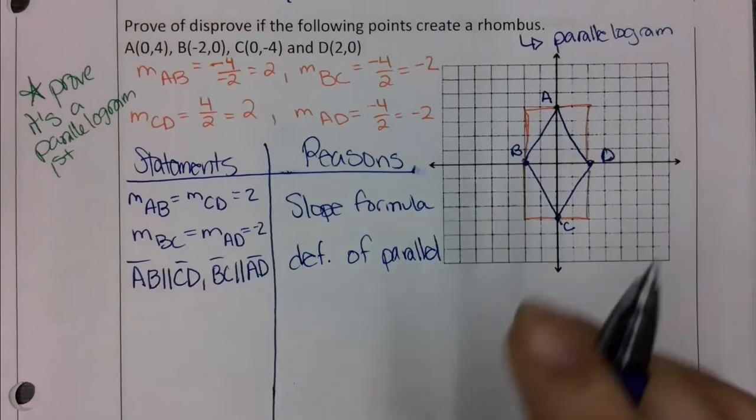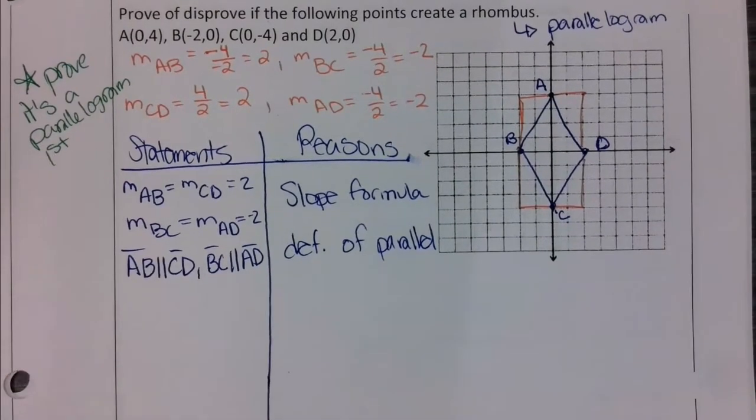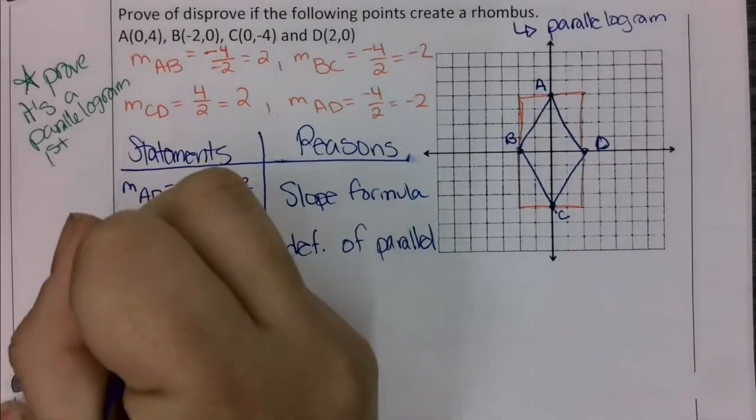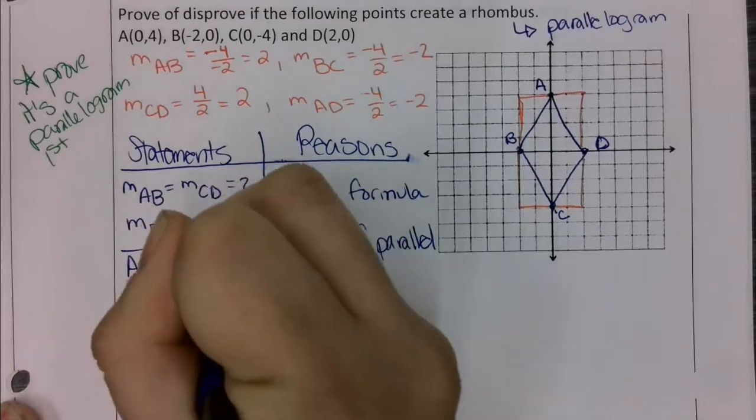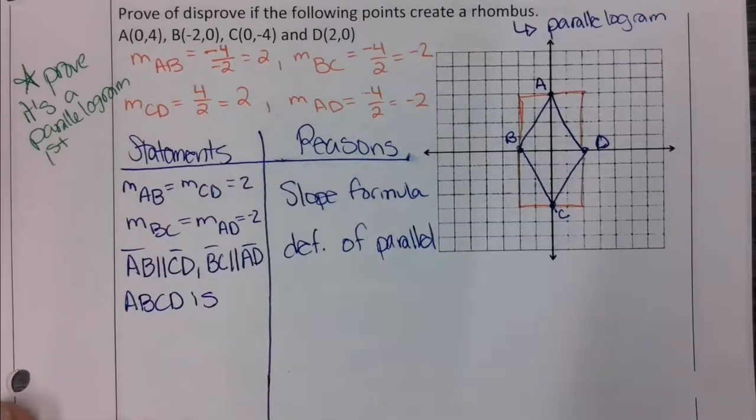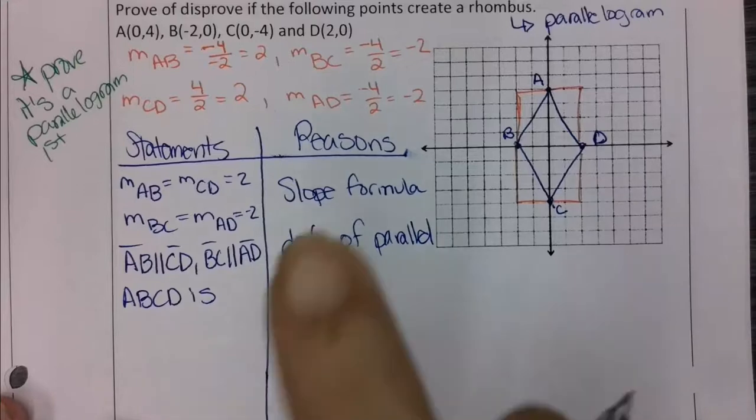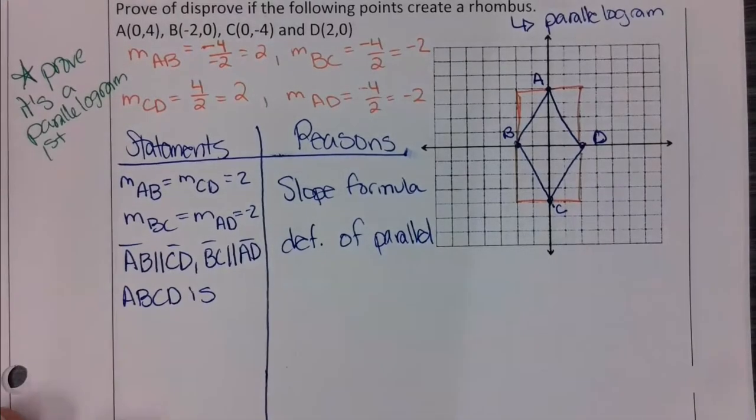Okay, and now what can I say about this shape? Yep, so I can say ABCD is a parallelogram. I said not to do it right when I said you have to say the two sets are parallel lines.